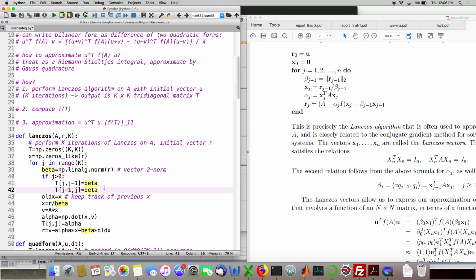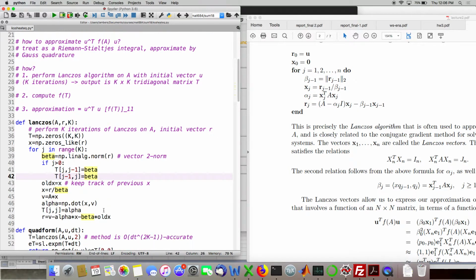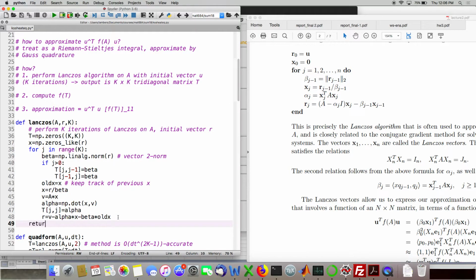And once everything is finished, T is what I return. So now I have everything. So my Lanczos implementation is complete. And actually, I think I have everything now.